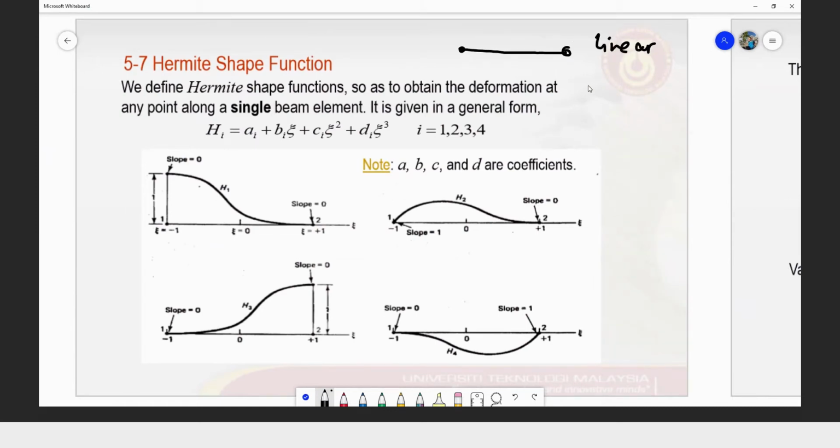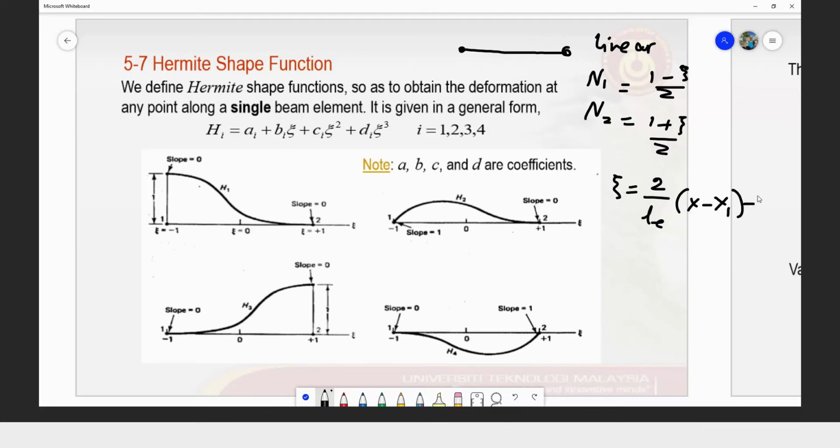And then we apply N1 and N2. Ingat tak apa lagi N1, N2 ni? 1 minus Z over 2, 1 plus Z over 2. So Z apa? Ingat tak? Z is 2 over LE, X minus X1, all of this minus by 1. Okay, ini kalau kita assume dia linear.